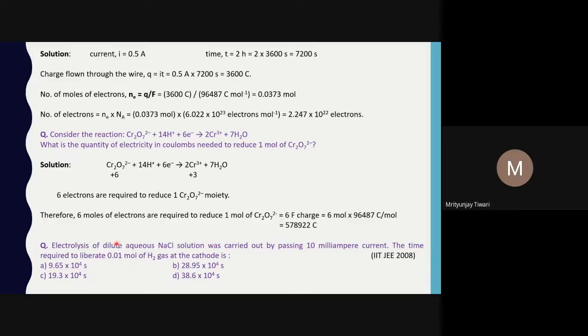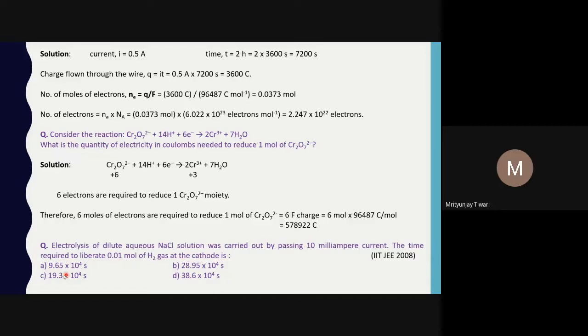The electric current I is given as 10 milliampere, and you have obtained Q, so time is equal to charge divided by electric current.